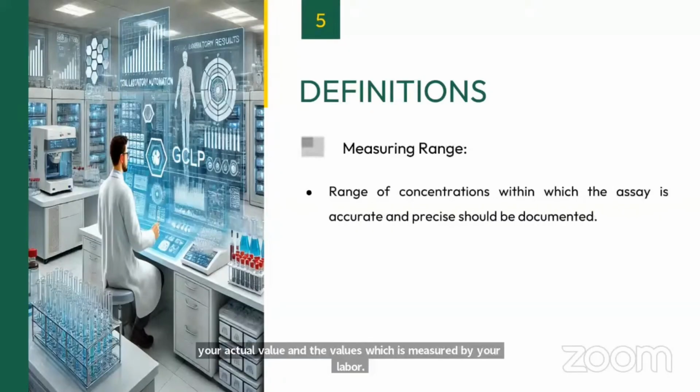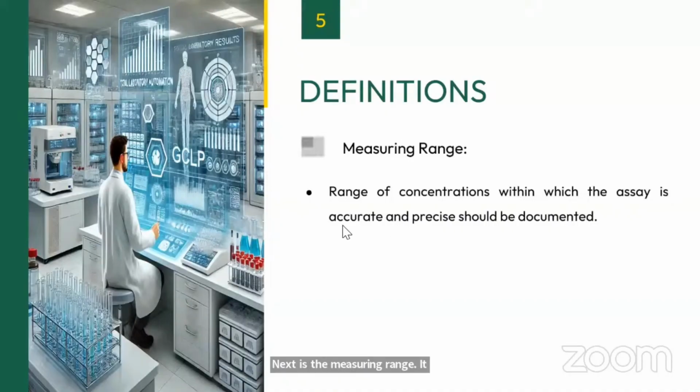Next is the measuring range. It is the range of concentration within which the assay is accurate and precise, and it should be documented. Measuring range means the range from the minimum to the maximum concentration which your examination procedure will be able to measure.